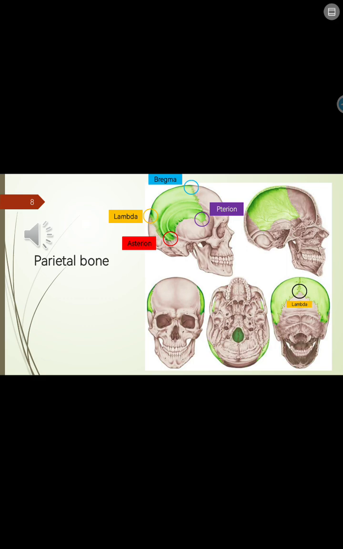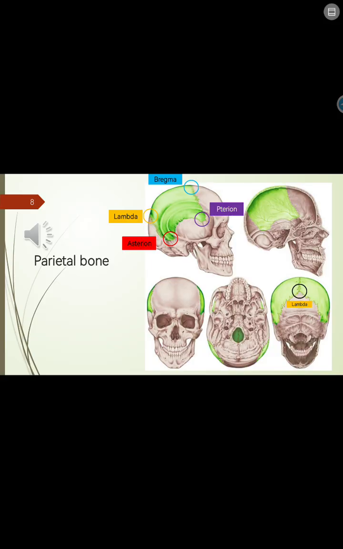The rounded occipital or posterior superior angle is at the lambda. What is lambda? A point that sagittal and lambdoid sutures meet, which marks the site of posterior fontanelle in the neonatal skull.